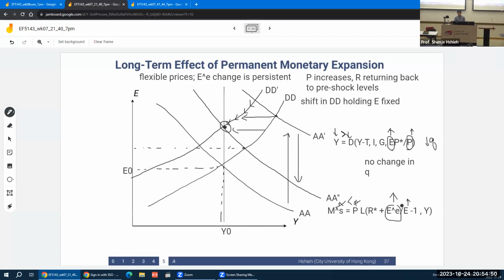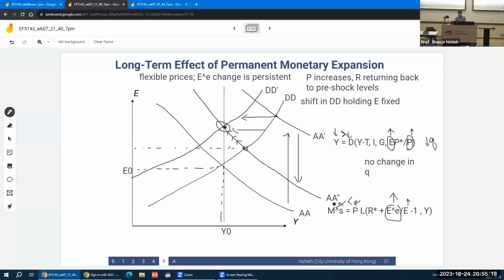Sorry, maybe those arrows don't make sense. It should actually be this point here. Yes, because E is moving by the same proportion as P, and it's going to do so until Q is constant.